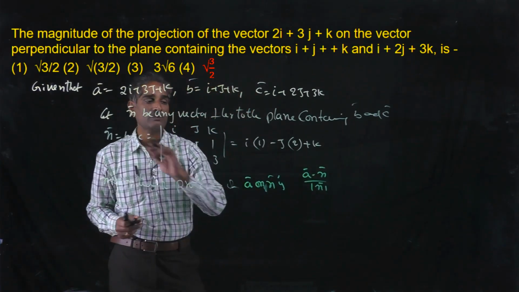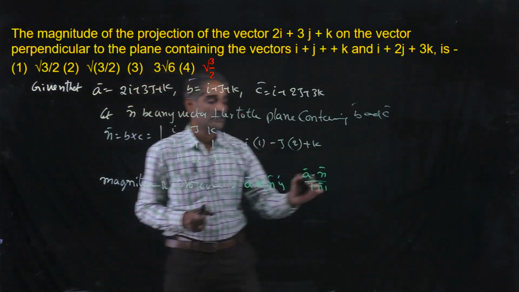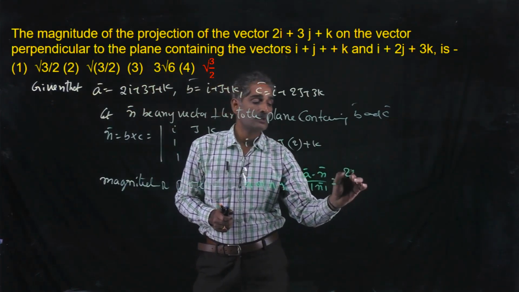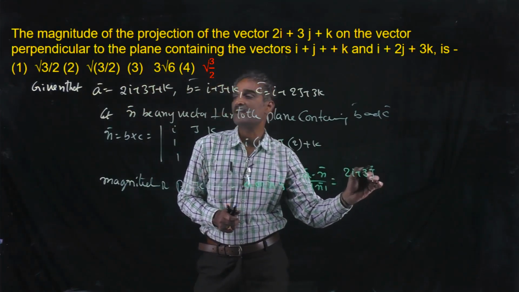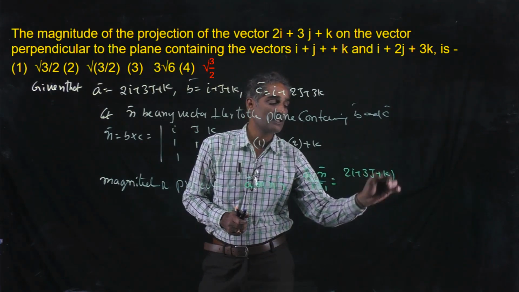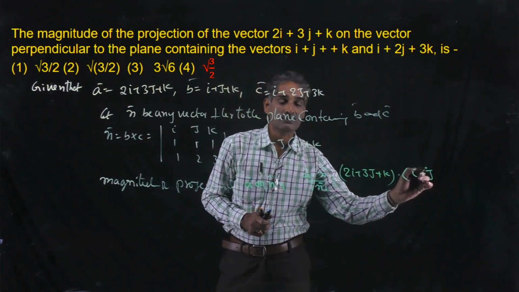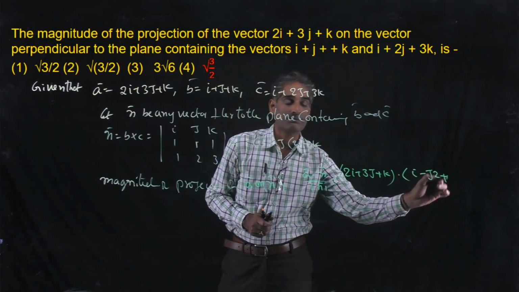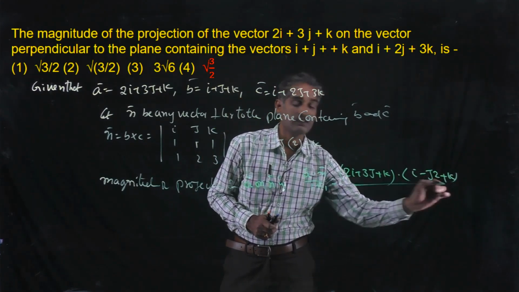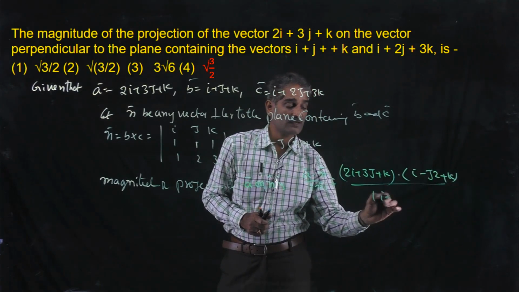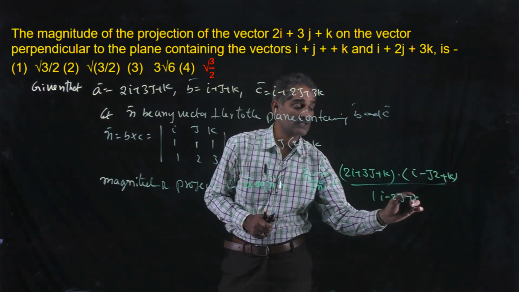Here a bar is this one, n bar is this one. So that is equal to 2i plus 3j plus k dot i minus 2j plus k, by the modulus of i minus 2j plus k.